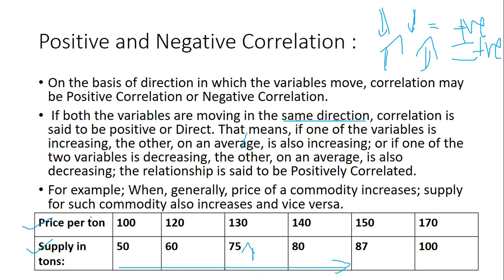Okay, it has increased. Similarly, the price per ton has also increased. Now, since both are moving in the same direction, I call them positive correlation. Understood the first type? Positive correlation.